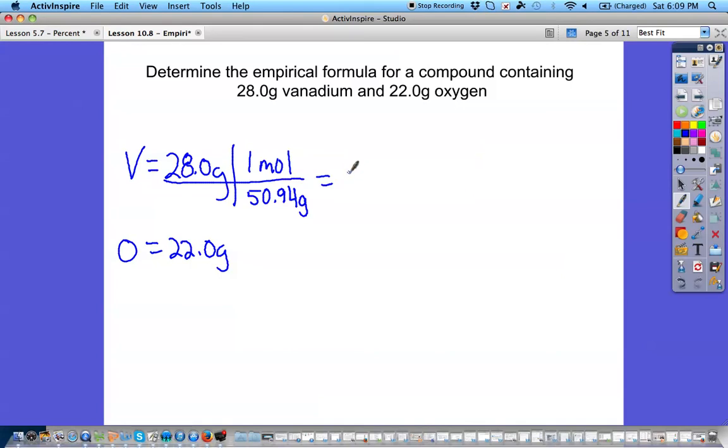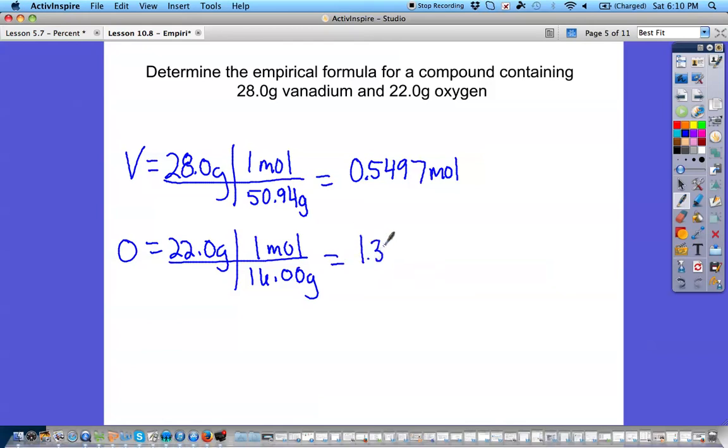And then this is going to give me 0.5497 moles. And then here I got 1.375 moles. So my vanadium has the smallest number of moles, so I'll divide both of them by that number.